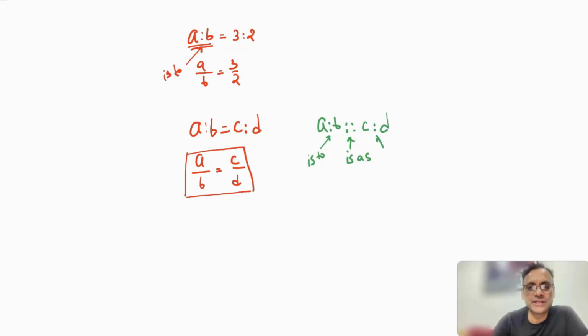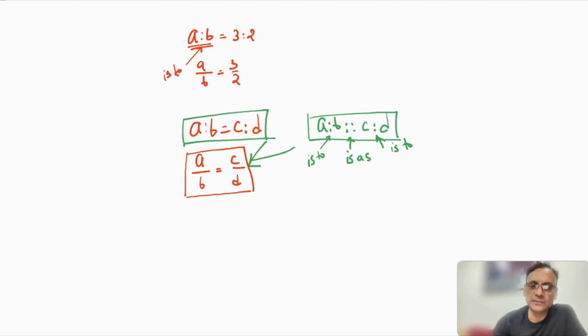So you read this as A is to B is as C is to D. Either way, it is called a proportion, and both of these mean A upon B is equal to C upon D.